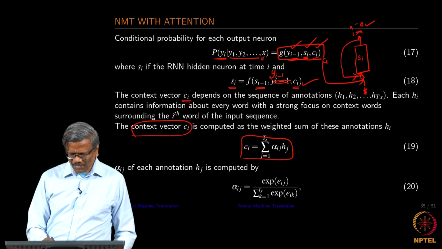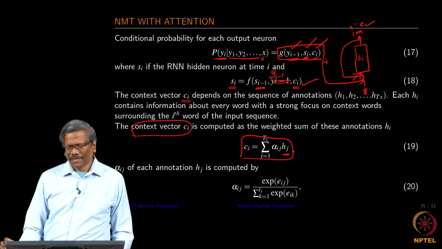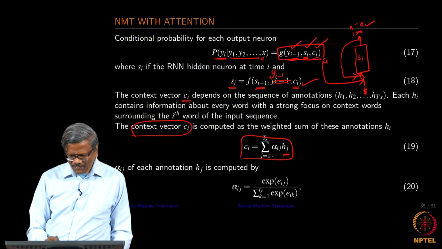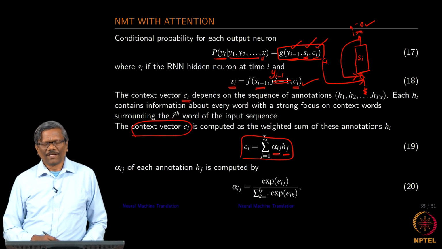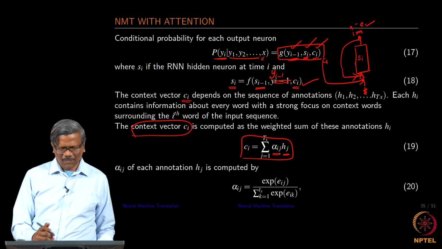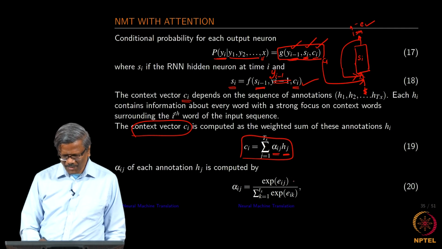It is the weighted sum of the input hidden unit and another value that we would be computing now. Okay, so what is alpha i? Alpha i is our annotation for hj, which is computed using a softmax.